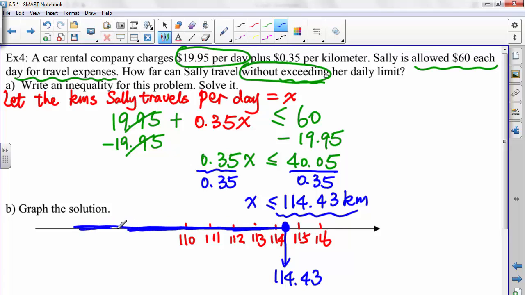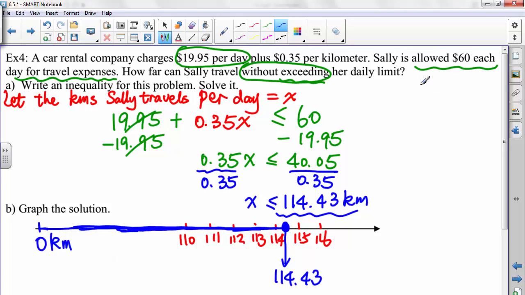But the problem is, you guys need to think of, do I need to shade all the way to the far left? Like example 3, this is a real-life context problem. So there's no need for you to shade all the way to the far left. You guys will realize the minimum value for the kilometers she travels should be 0 kilometers. She at least needs to travel 0 kilometer.